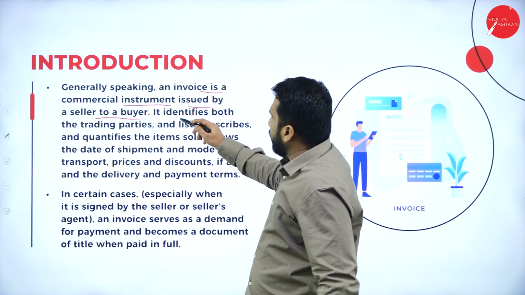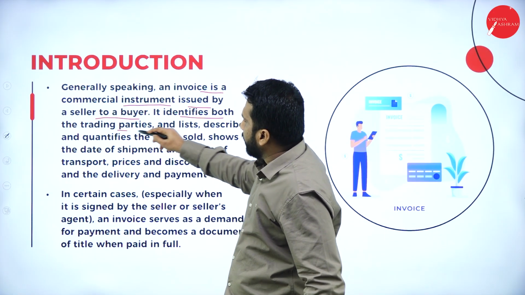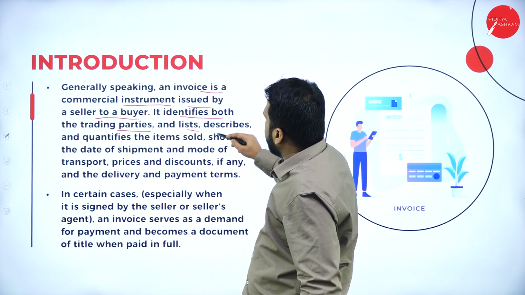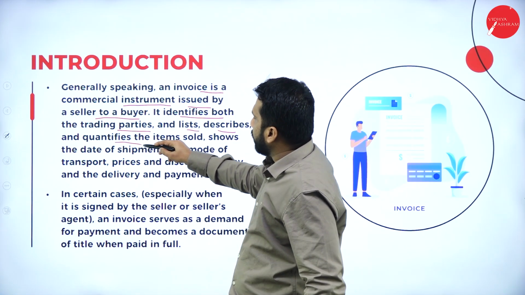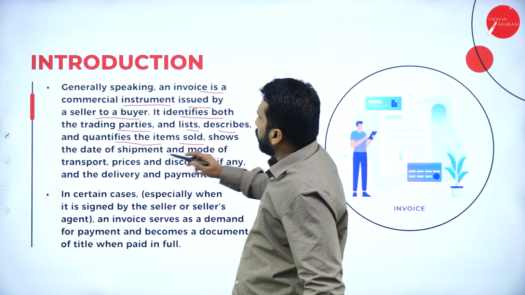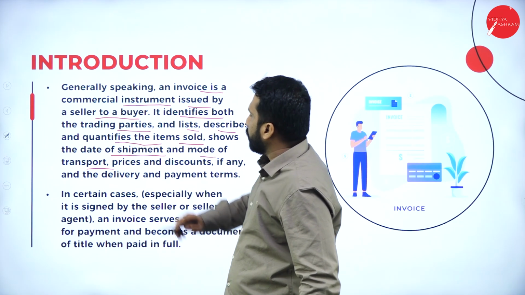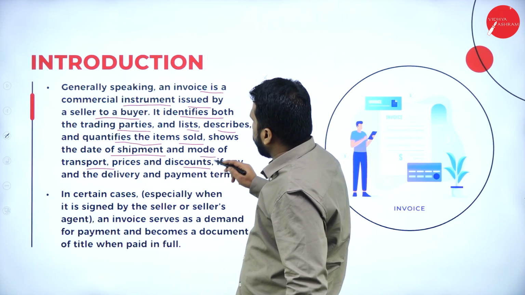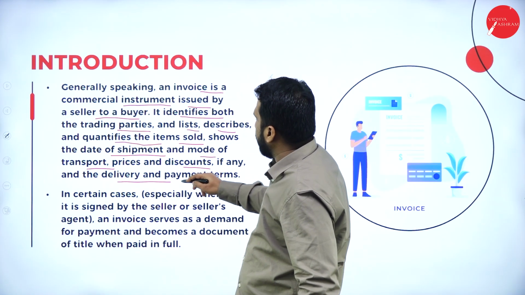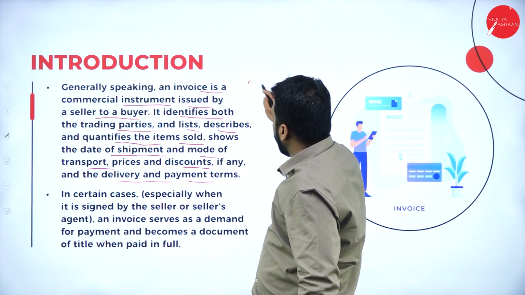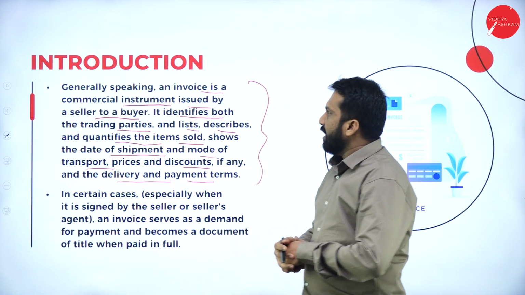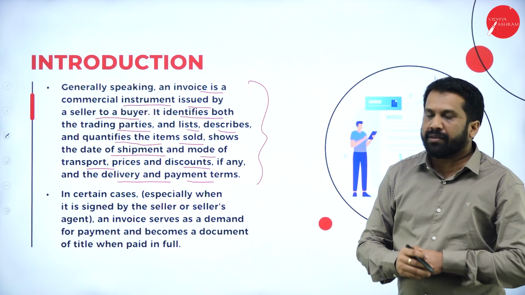Buyer. It identifies both the trading parties and lists and describes the quantities of the items sold. It shows the date of shipment and mode of transport, prices and discount, if any, and the delivery and payment terms. All these concepts will be included in your invoice.